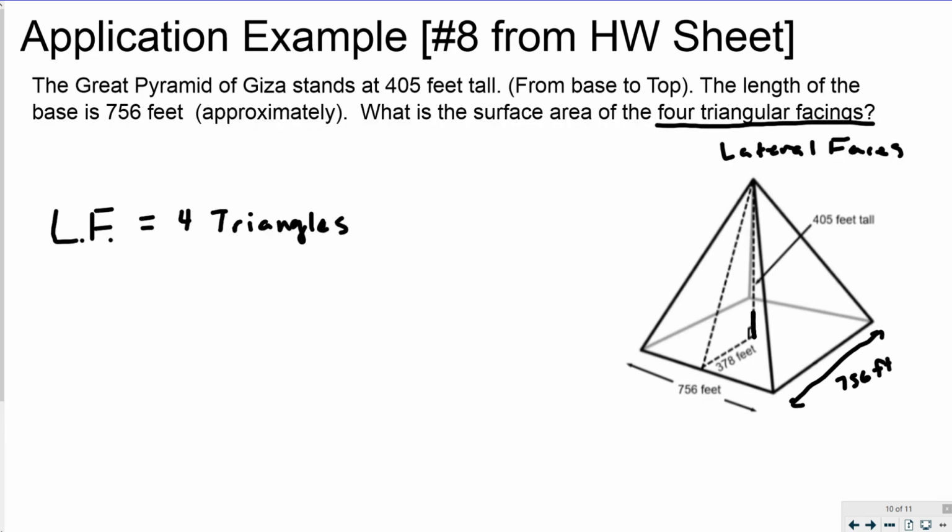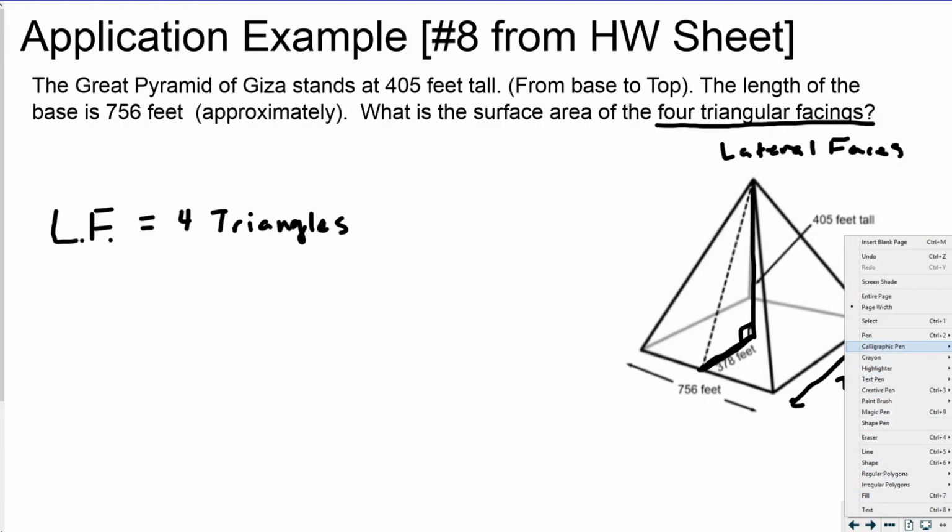So this segment, straight up inside the pyramid, is 405 feet. That measurement would be directly from the apex, which straight down would be in the middle of the square, and that would intersect at a 90-degree angle. And the measurement from a base to the middle would be 378 feet.